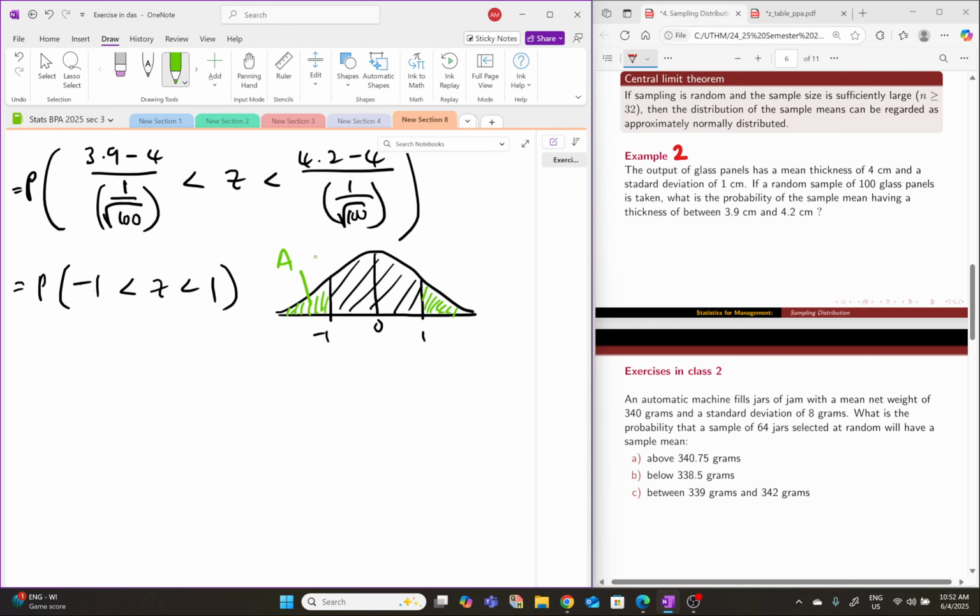Remember this area of A and area of B are same, because this one 1, this is also -1. The area must be same. So we find the area of B.